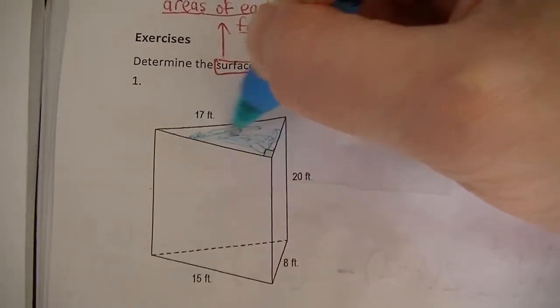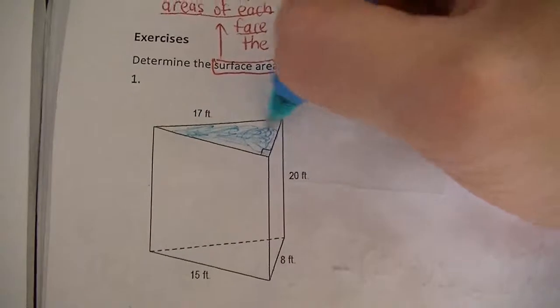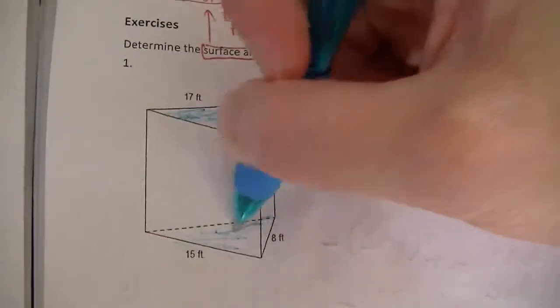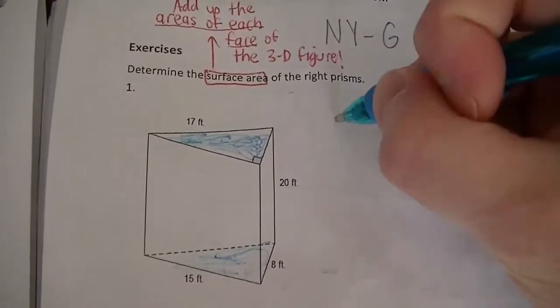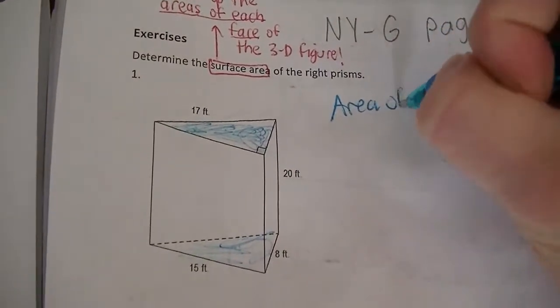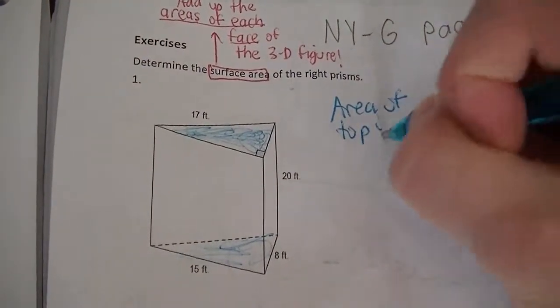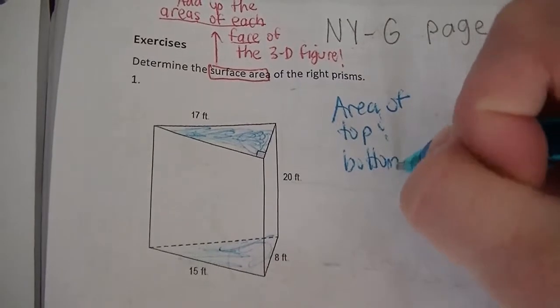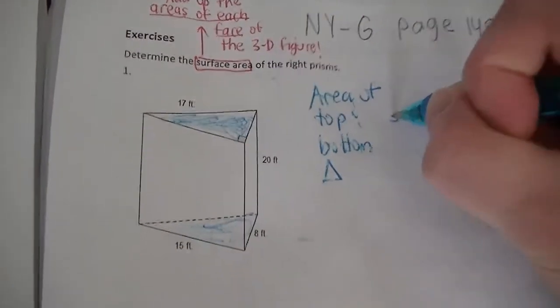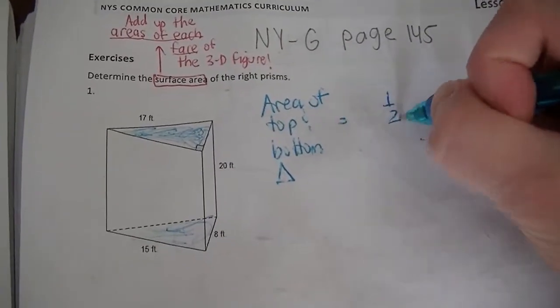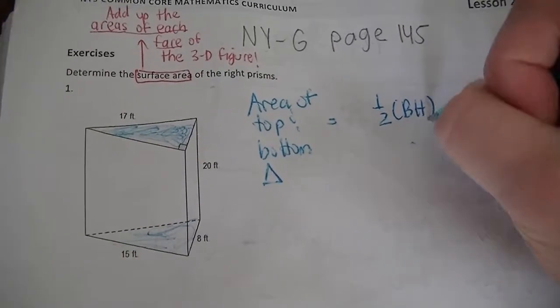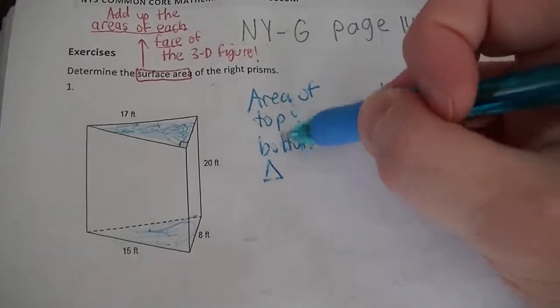All right, so I'm going to go ahead and start off with finding just the area of this triangle right here. So area of the top and then that base of the triangle. And the area of a triangle is 1/2 base times height, but I want the top and bottom.